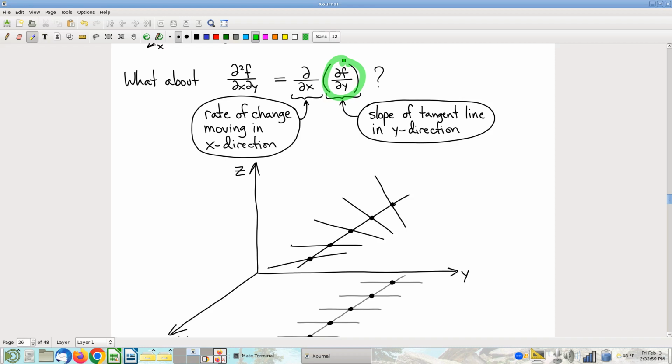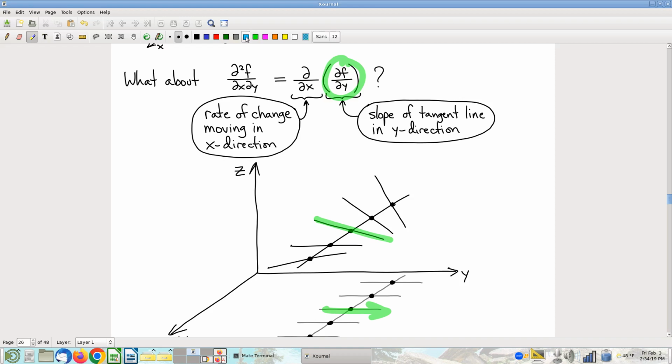We've been talking about graphs of functions and what partial derivatives look like for a little while now. And y partials say, as you're moving in the y direction, find the corresponding tangent line to the surface and look at the slope of that tangent line to that graph. That's what the y partial means.